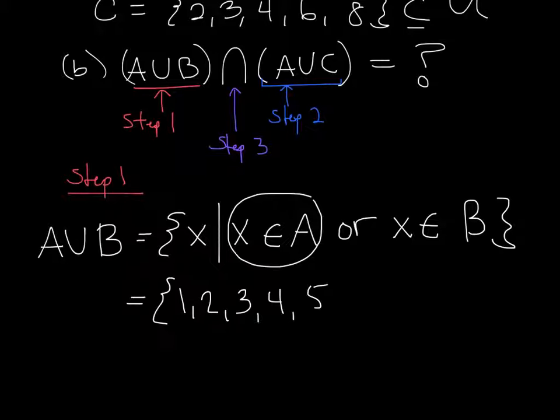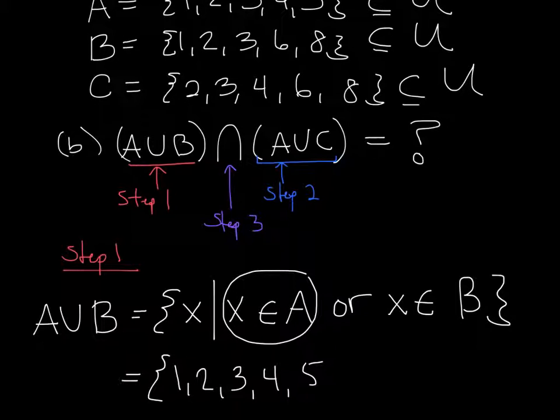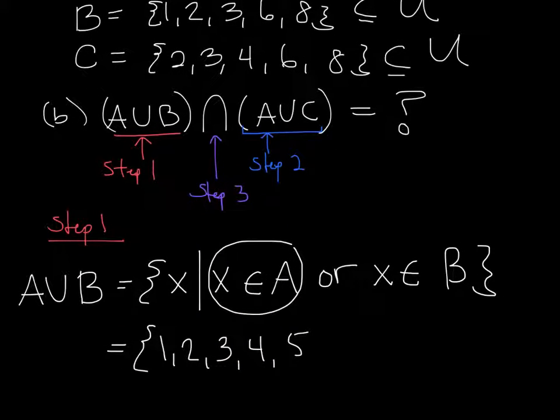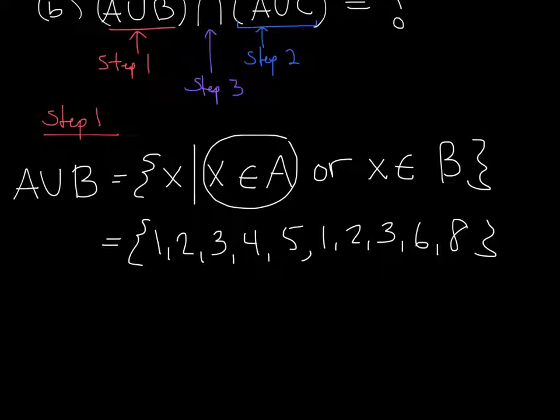Or I can have elements in B, so I'm going to write those in: 1, 2, 3, 6, and 8. Hopefully you can see that these are elements in A or elements in B. But we don't need to repeat our numbers.